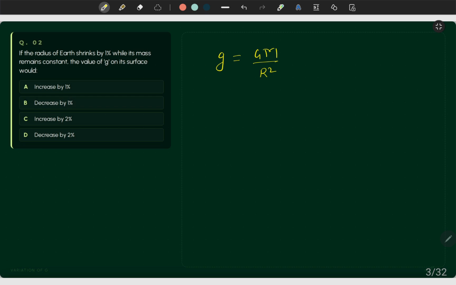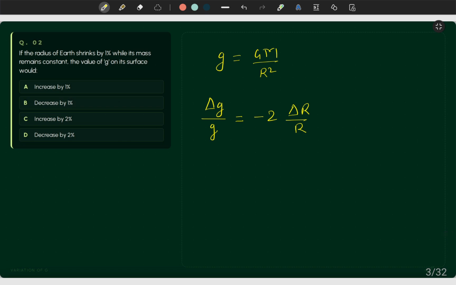Now using the concept of differentiation for the fractional change, we have change in value of g by original value of g is equal to minus 2 times change in value of r by value of r.